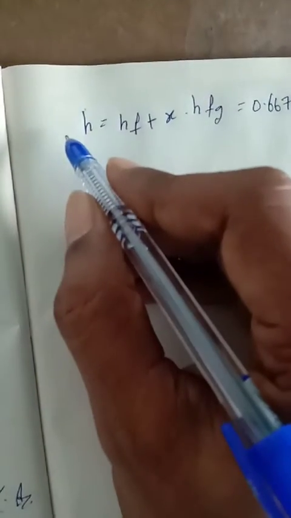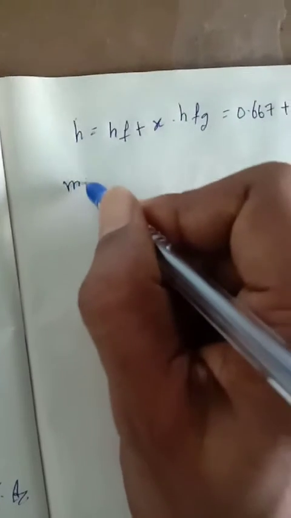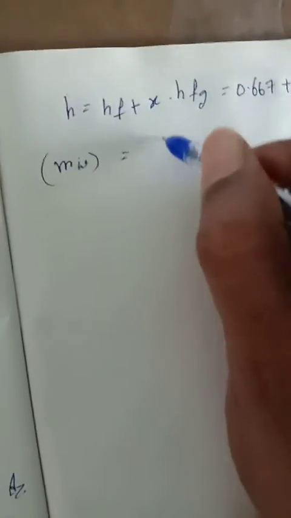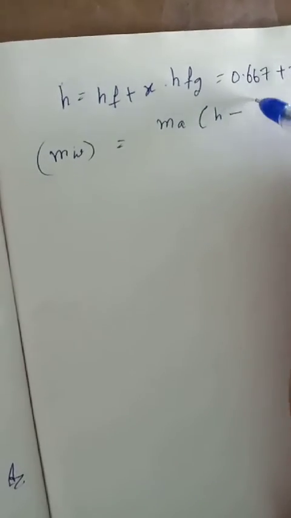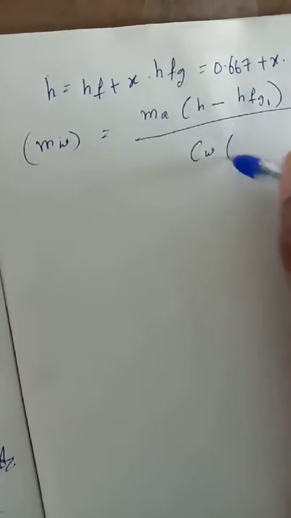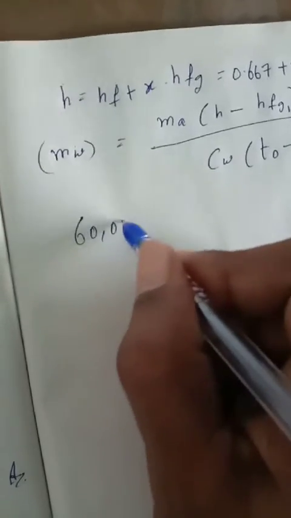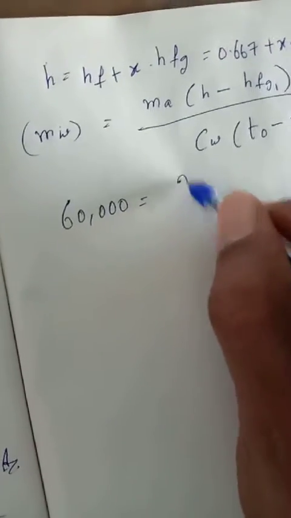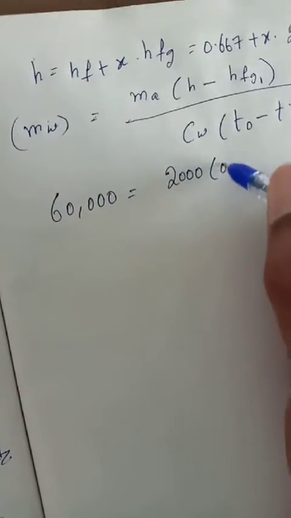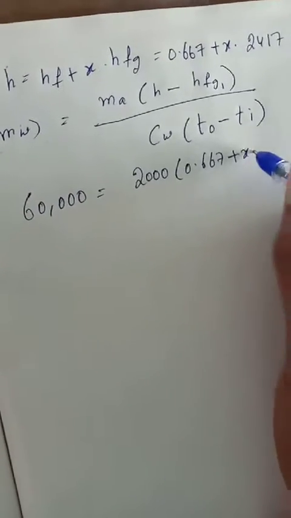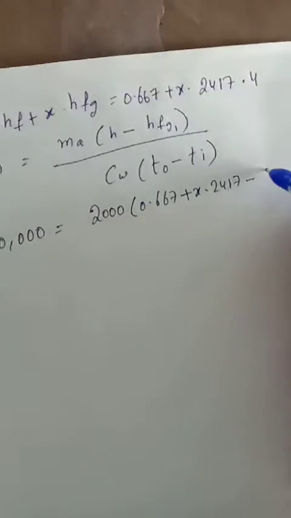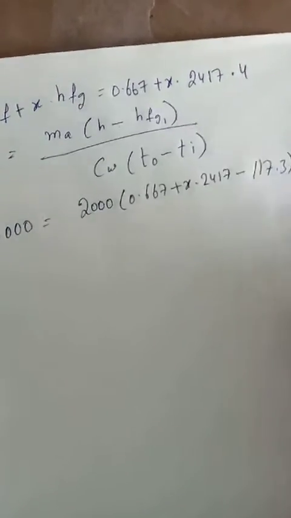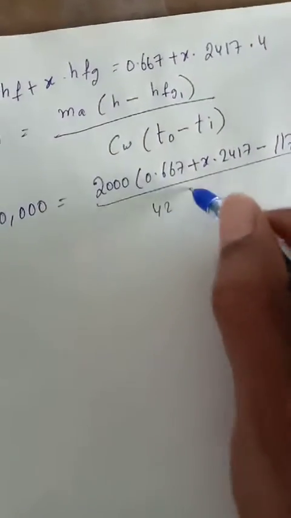Then the mass of cooling water is equal to MA into (H minus HFG1) divided by CW into (T naught minus Ti). Here 60,000 is given and 2000 is given. H is equal to 166.7 plus X into 2417.4, minus 117.3, and then 42.225 minus 10.